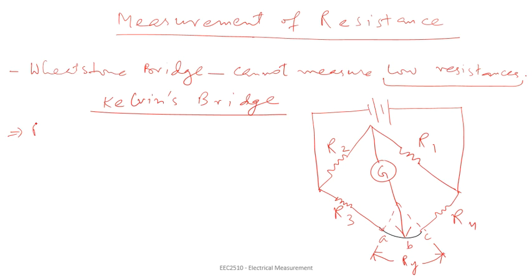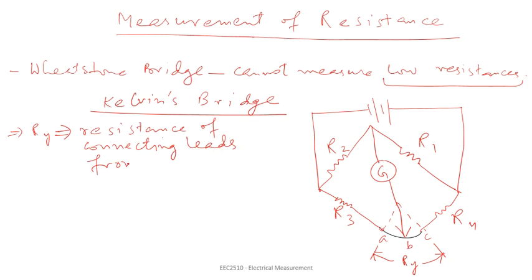This Ry represents the resistance of the connecting leads, from this R3 to Rx. This is Rx, the unknown resistance.